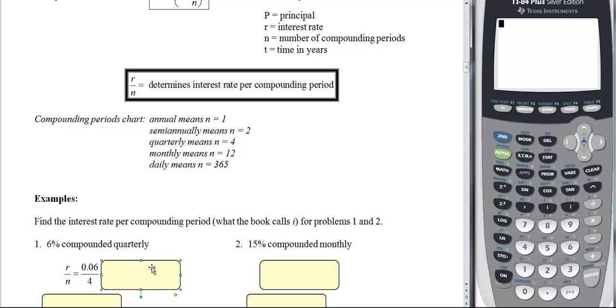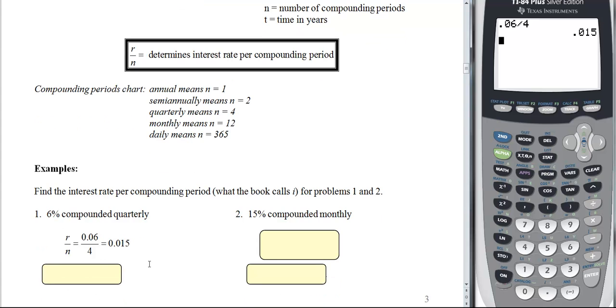So if I divide that out, that's what I should end up with. Because, guys, we don't get 6% every compounding period. This is divided through with respect to a year. So you could also say this is 1.5% per quarter.